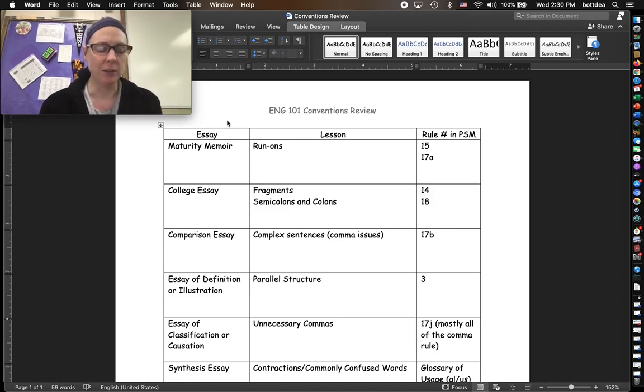So in this file, I'm reminding you of which essay we did, what the focus of that conventions lesson was, and then what rules in the pocket style manual you should be going over in order to eliminate them in the final draft of your essay.